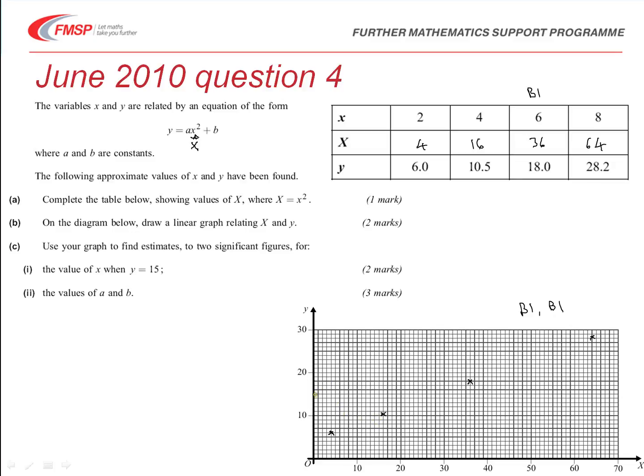So 15 is the y value, so we come across and down to read off the x value, which is about 25 or 26, but that is the big X value. So for this part you get the big X value is approximately 26, so to find x we would then have to square root whatever the value is that you've taken off here.